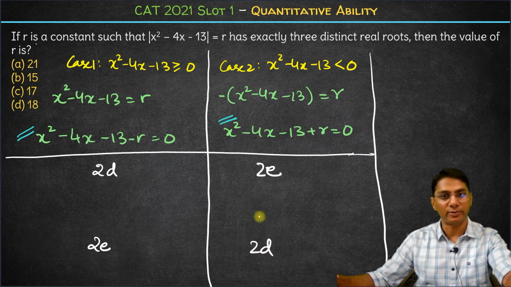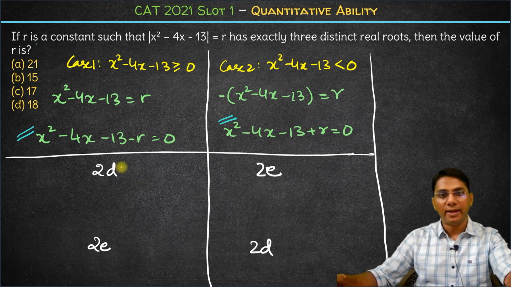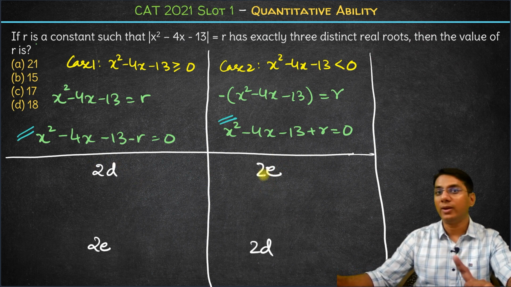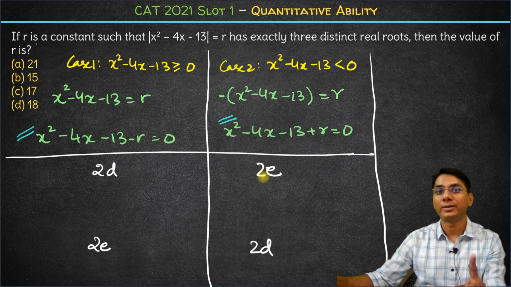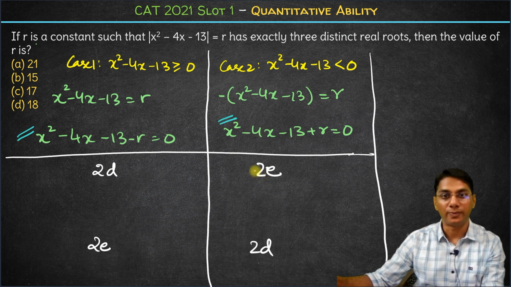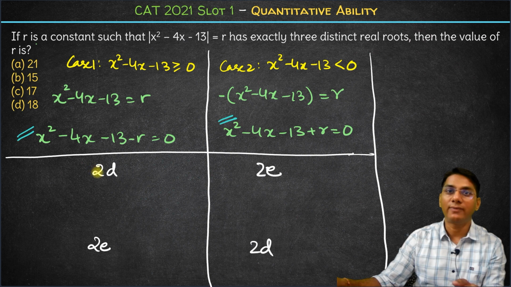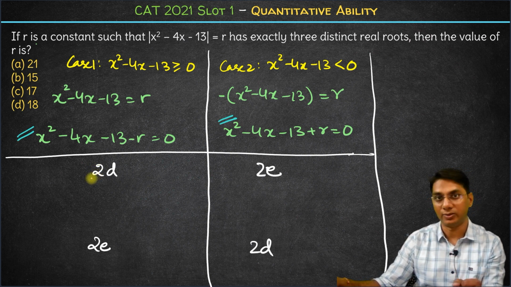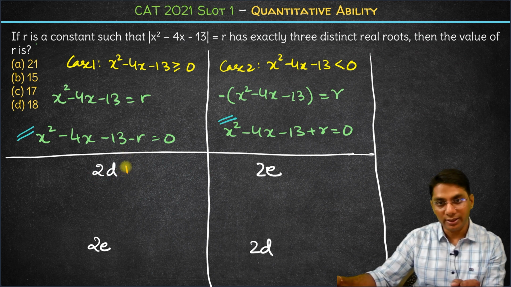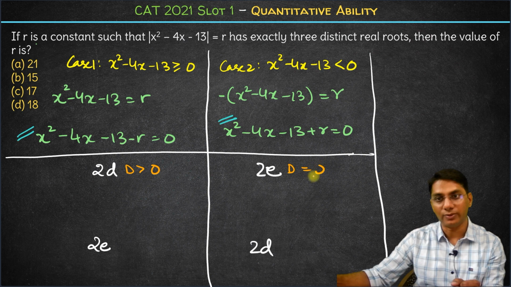These are the cases possible, right? Now when are roots equal for a quadratic? When the discriminant is equal to 0. And when does a quadratic have distinct roots? When the discriminant is greater than 0, right?